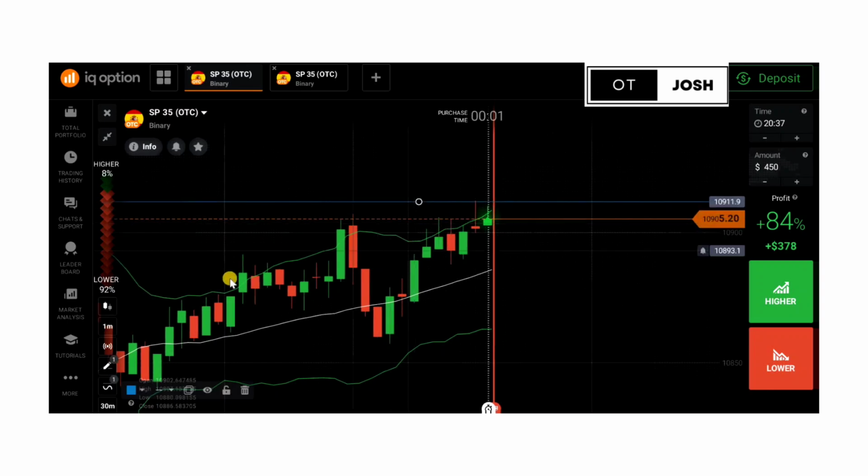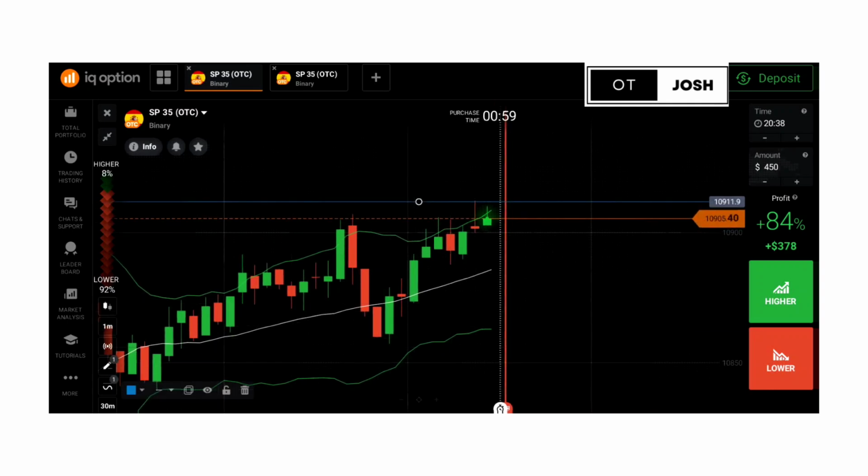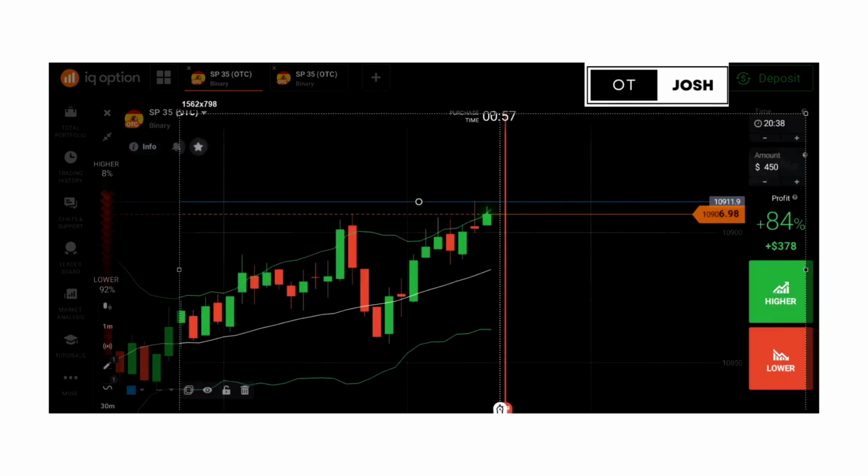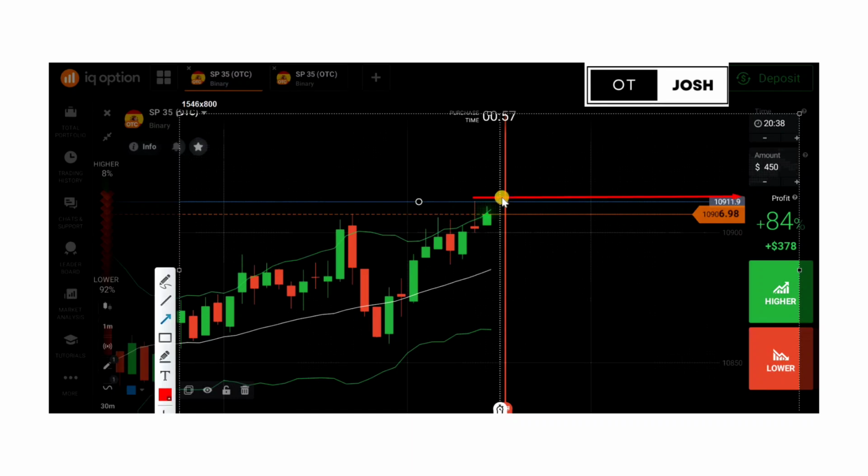Now, if this is the latest place where sellers came in, you know what it means? It means sellers were able to sell at this price here. Just have this in mind. This is the price sellers sold last. And if they came to the market again and sold at a lower price, it means that they believe that this price is high enough.